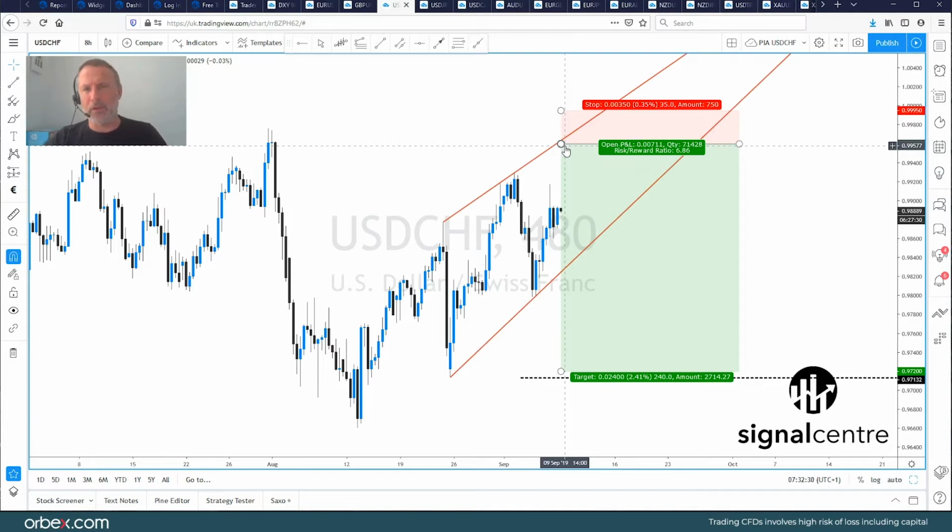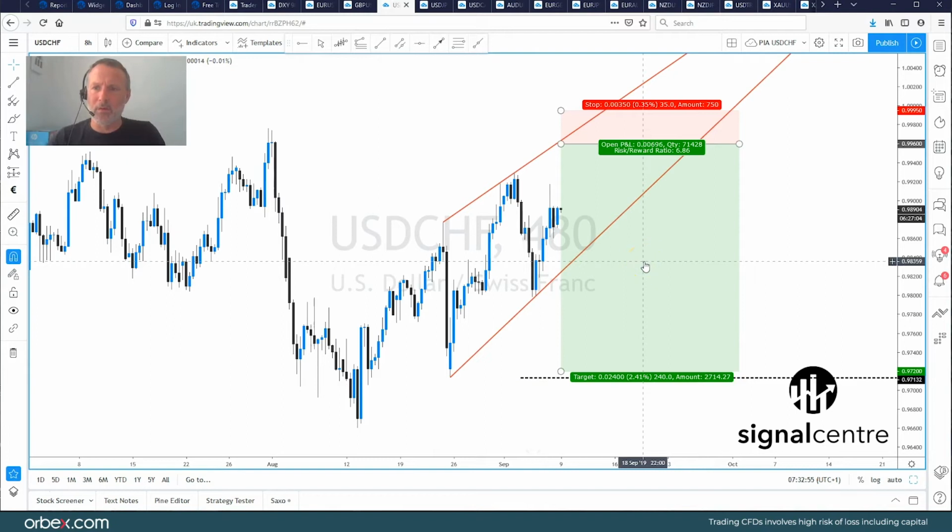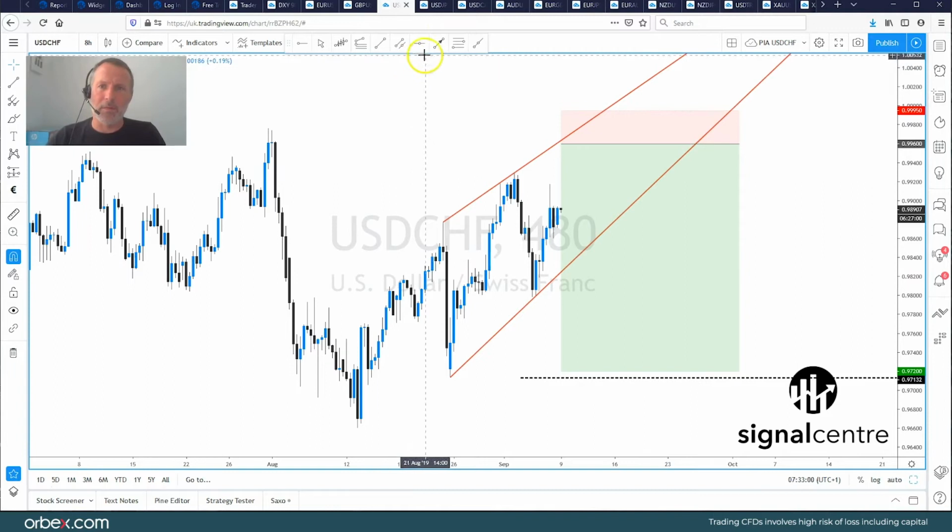So opposite to what we're seeing in euro dollar, looking at buying into dips, in dollar Swiss we're going to be looking at selling into rallies. Our call is to get short around about 99.57 with a measured move target down here at 97.13. So again, trying to get in at these extremes does offer a pretty decent risk reward, with a risk reward factor of just over 6.5 to 1 there.